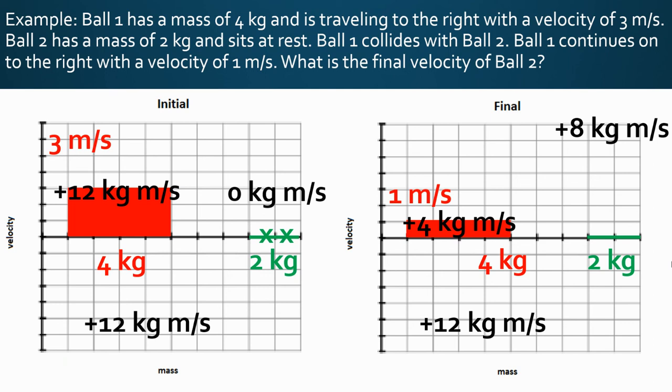So if ball 2 has a mass of 2, and we need 8 little blocks, right? We need 8 momentums. We're going to need to go up 4 meters per second. So 2 kilograms times 4 meters per second gives us our 8 kilogram meters per second. So using that conservation of momentum, we can start to solve some problems with these collisions.